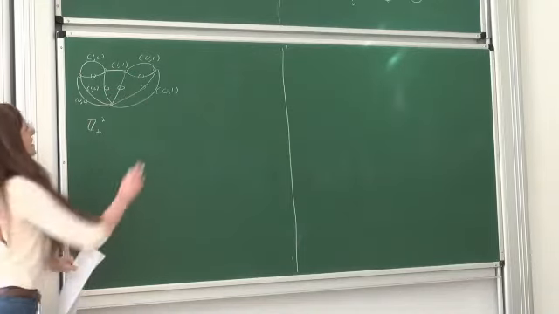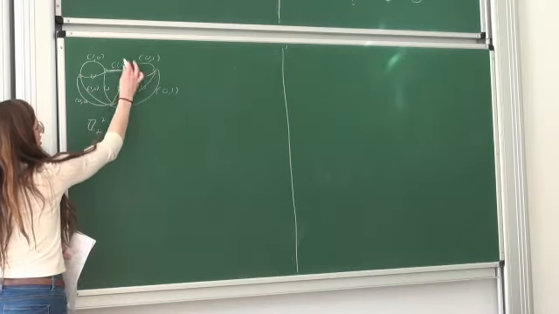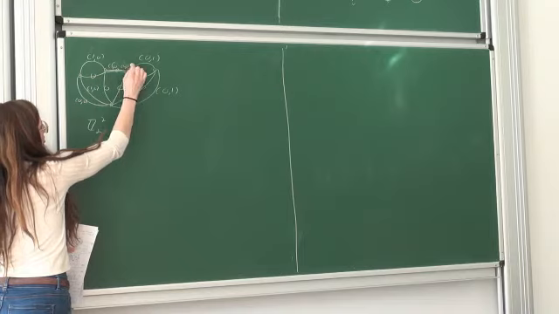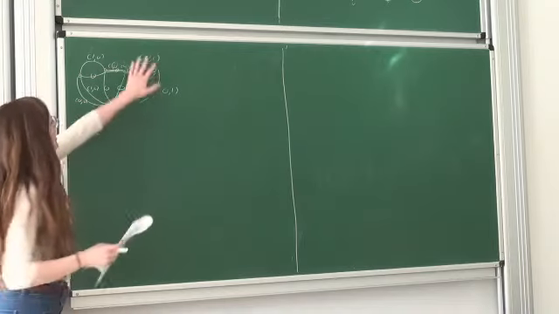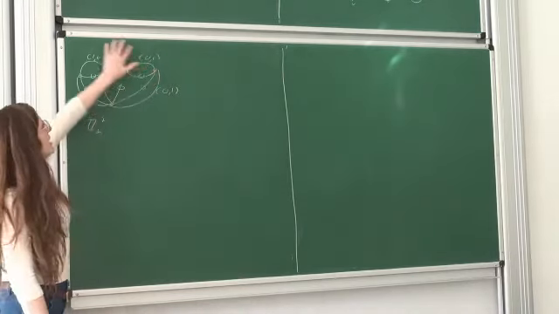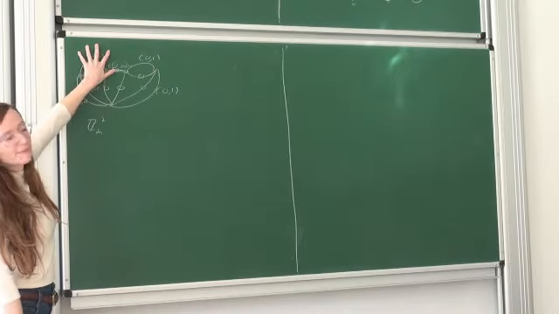So the point is that I can imagine cutting this bridge in half. I have one part which is labeled 1, 0, and one part which is labeled 0, 1. And now if I forget about the right-hand side, I get the picture from before. And likewise, if I forget about the left-hand side, I get the same picture as before.